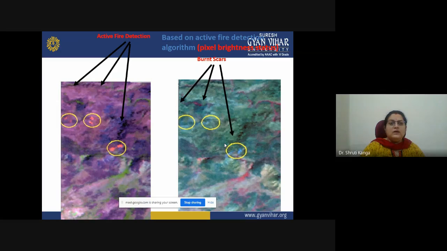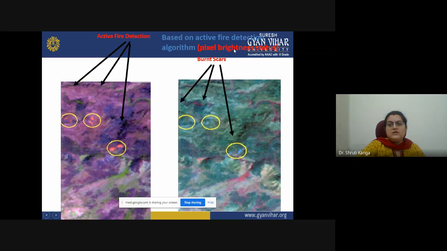Okay, then active fire detection can also be done based on some data sets of MODIS or something like that. Then this kind of images can be seen when we go for the active fire detection activities.